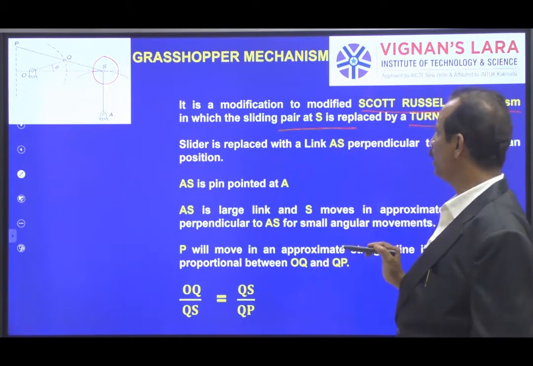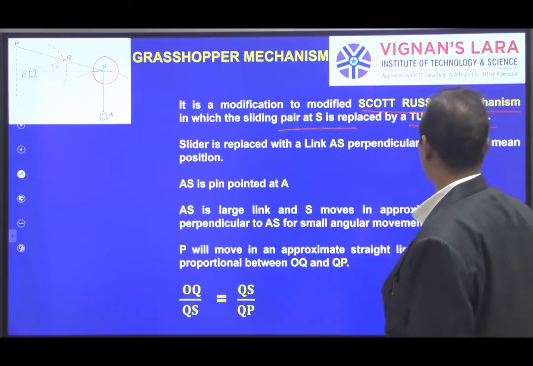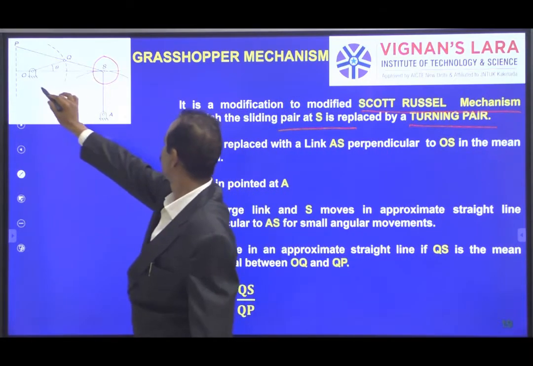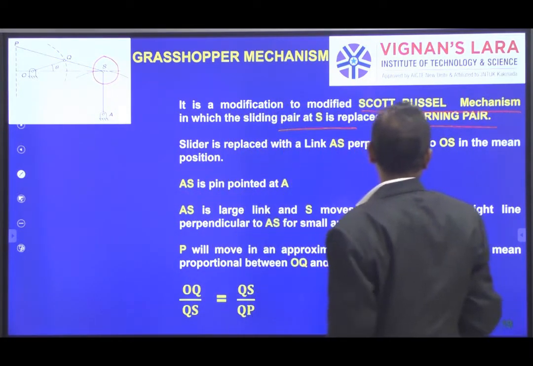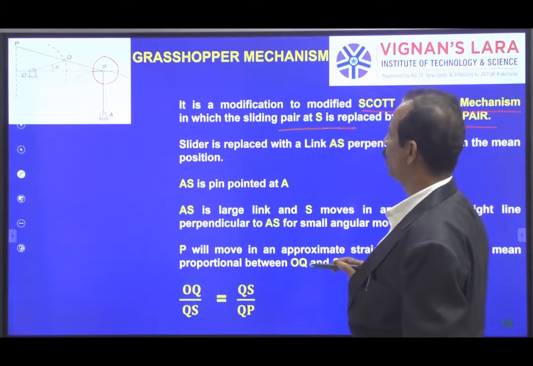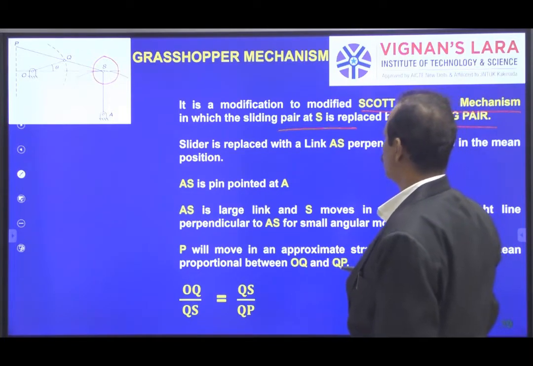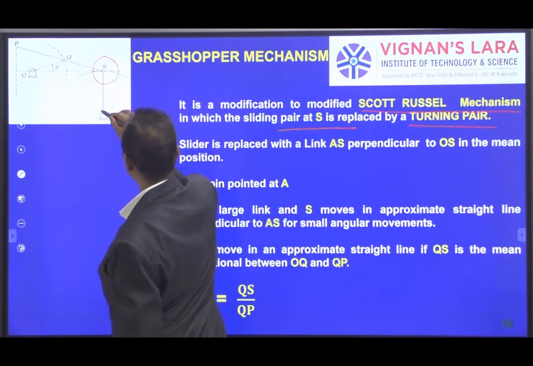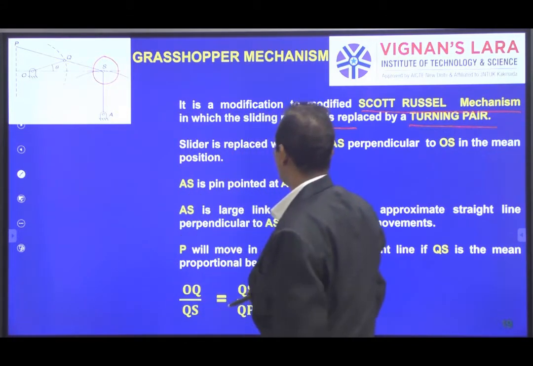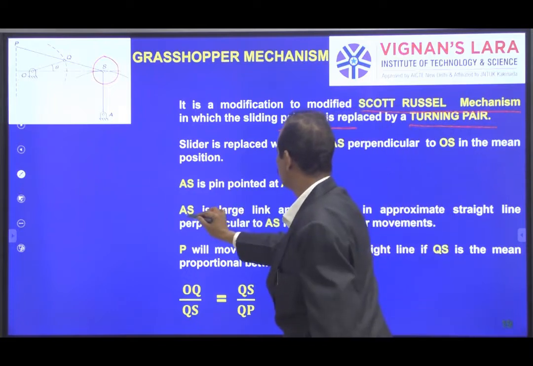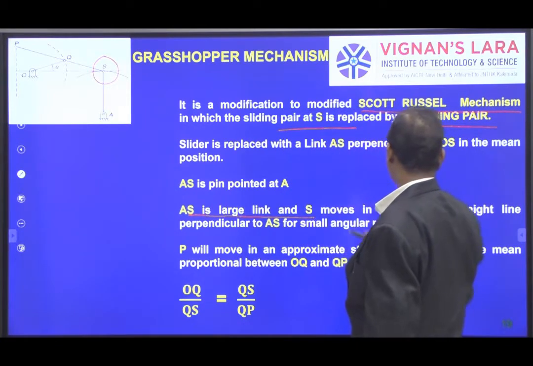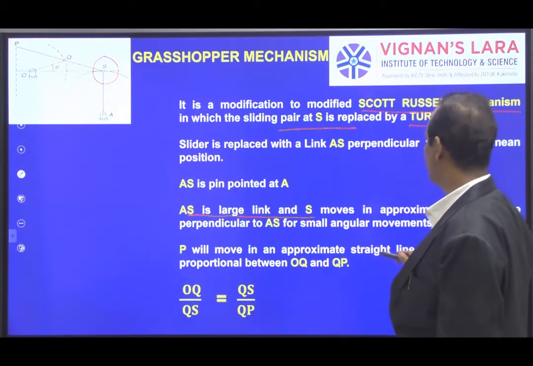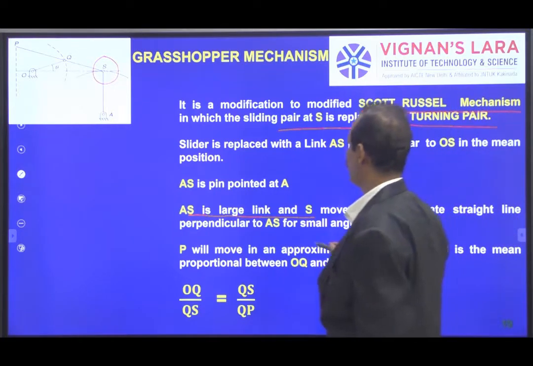So the slider is replaced with link AS, which is perpendicular to OS and in the mean position. AS is pivoted at A. AS is a large link, and S moves in an approximate straight line perpendicular to AS for small angular movements.